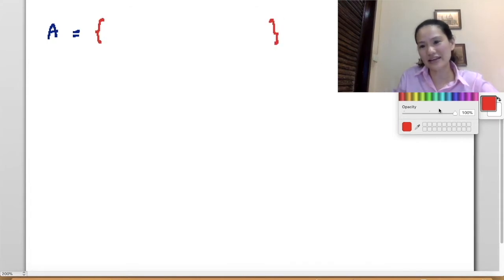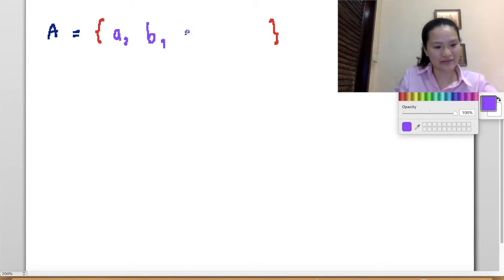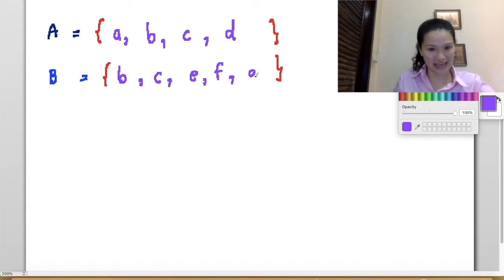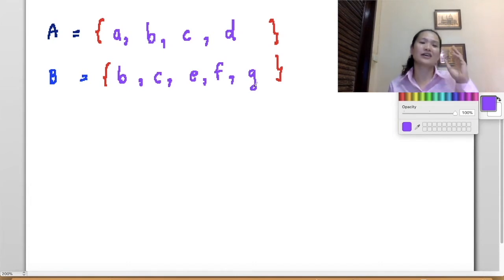Inside here could be the letters A, B, C, D. And here I give them set B, inside there they have B, C, E, F, and G. I want you to find A union B. And then after that, we're going to do A intersect B.